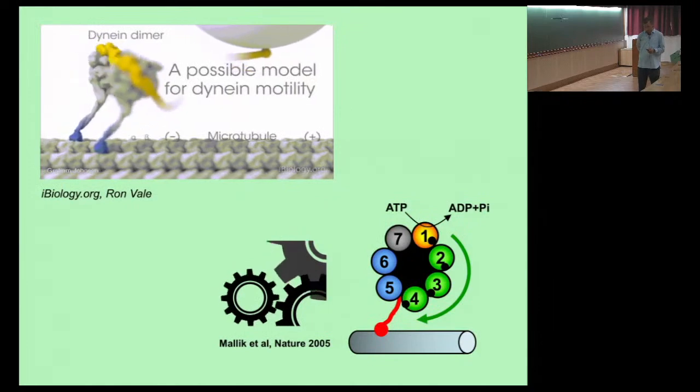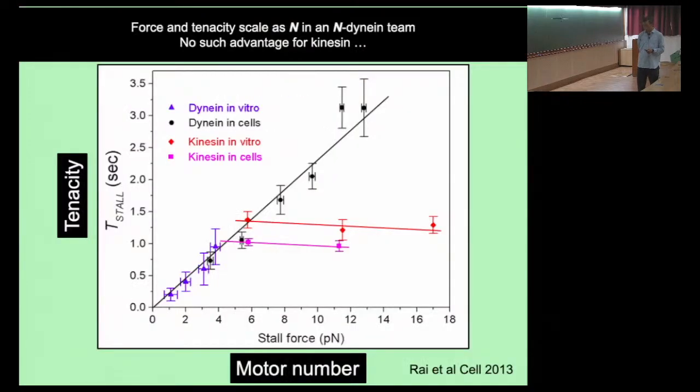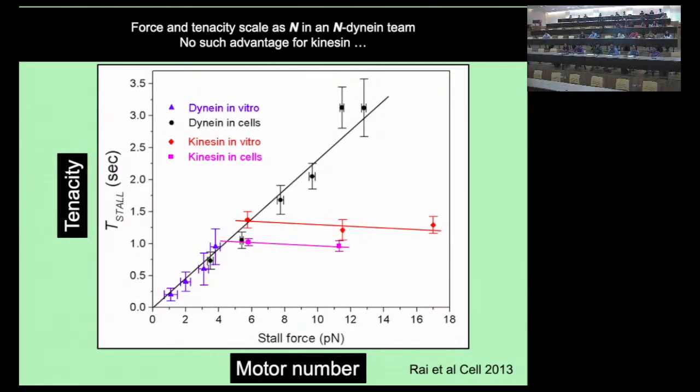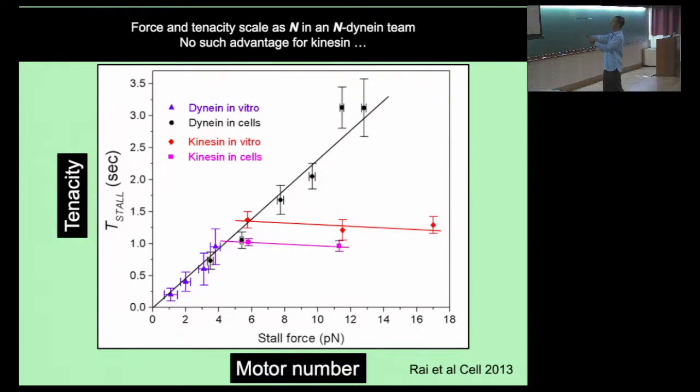So then the question arises that if dynein can work in large teams, yes. We can't, experimentally we can't go beyond this. There is theoretical work which suggests that there may be a tendency to saturation, but I really can't say anything on the basis of this.